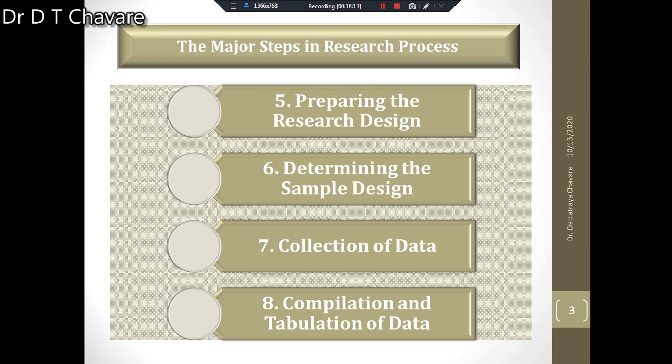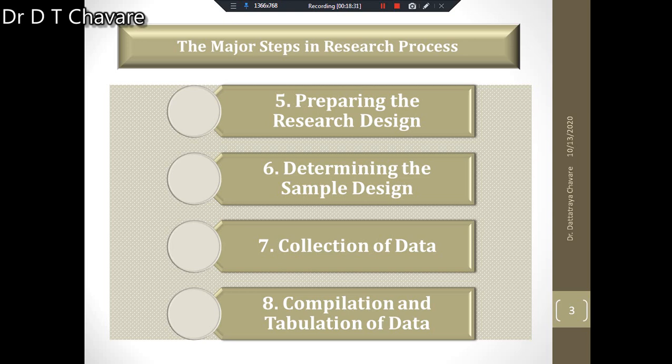The method of collection of data depends mainly upon the nature, purpose, and scope of the inquiry on the one hand, and the availability of resources and time on the other hand.